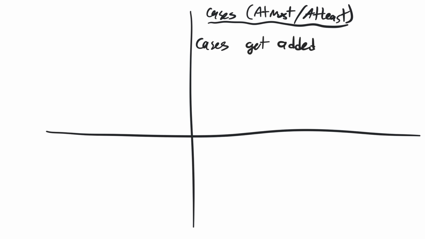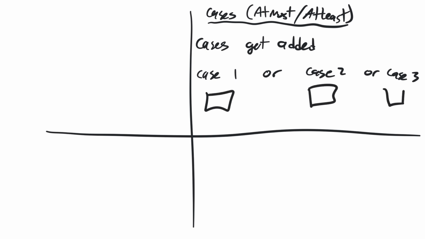That's the key idea. So you have case 1 or case 2 or case 3, whatever your cases are. And so you get some answer here, you get some answer here, you get some answer here, and you have to add these up to get your total.